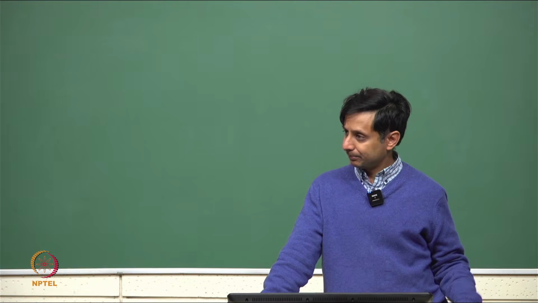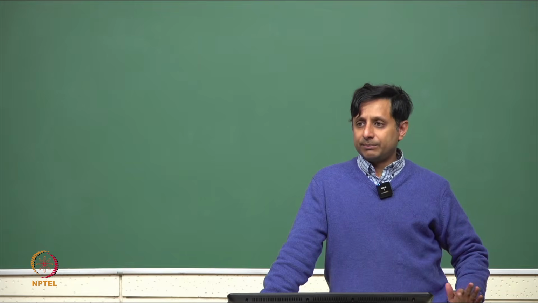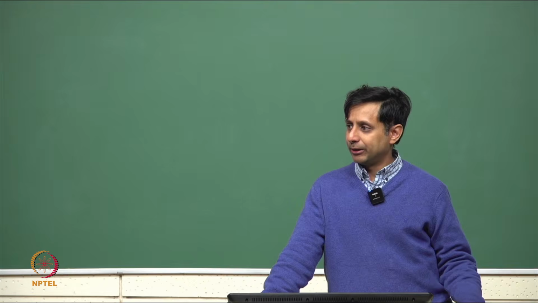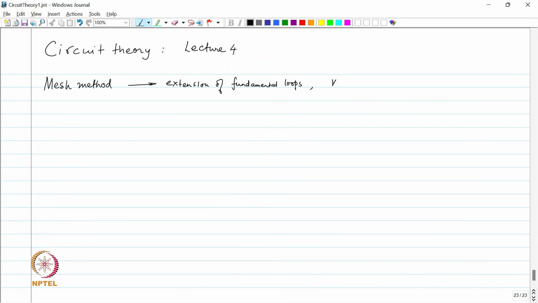Then in the previous method you wrote only KCLs, here you are only going to write KVLs. So, whenever you think of loops, you are only going to write KVLs. And what about the KCLs?